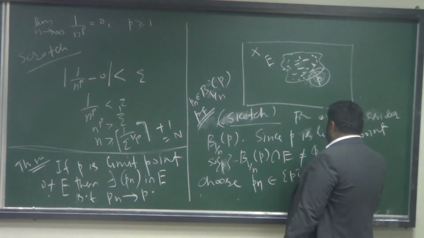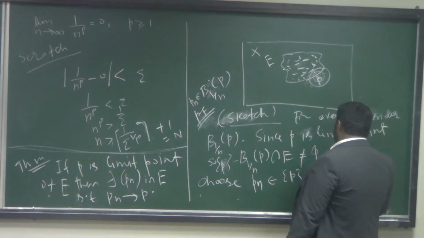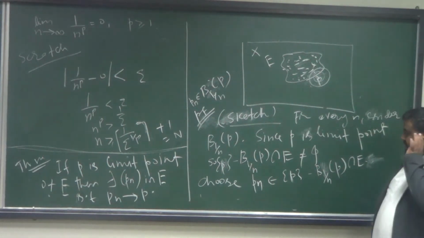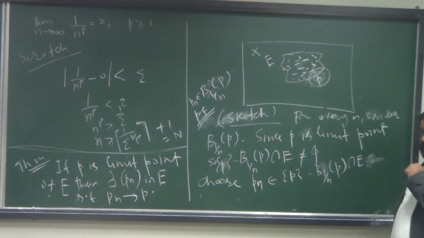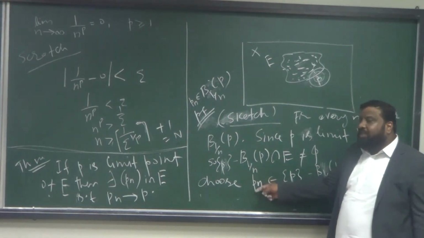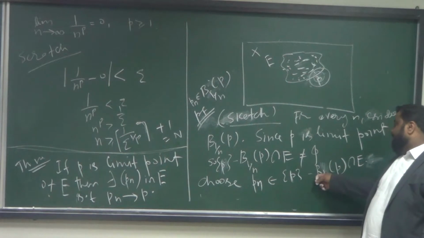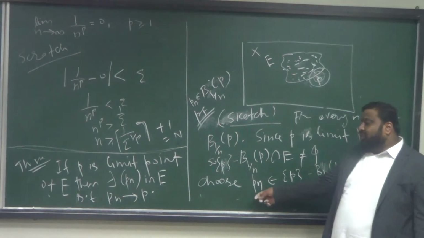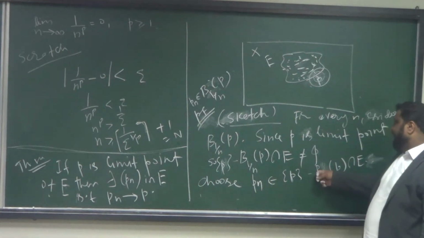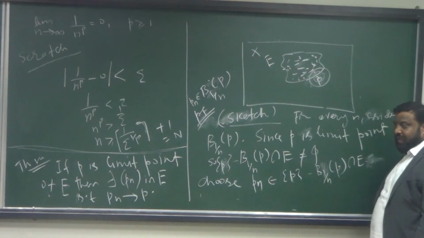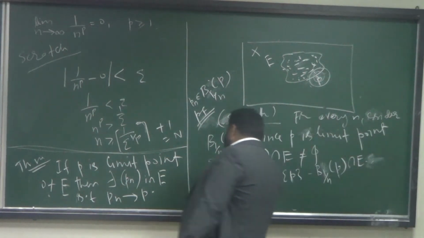Is it making sense? So in other words, for every n I'm choosing, so for n equal to 1, I'm choosing P1 from B1 of P intersection E, and I'm choosing P2 from B1/2 of P intersection E, and so on and so forth.